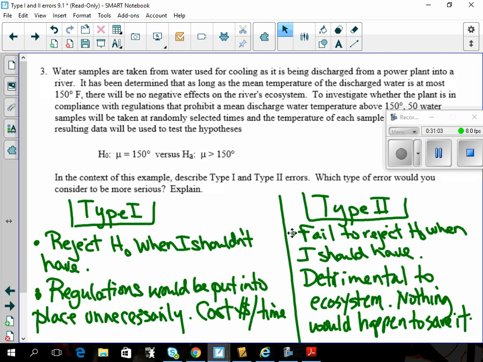So we're either rejecting it or we're failing to reject it. So you really want to go back to this. You're talking about mean water temperature. And then you can go back into it and say, well, if the mean water temperature is higher than 150, like our evidence shows that it is, then we can talk about what's happening with the ecosystem. But you want to refer back to the mean temperature. Great question. Anything else? Okay.